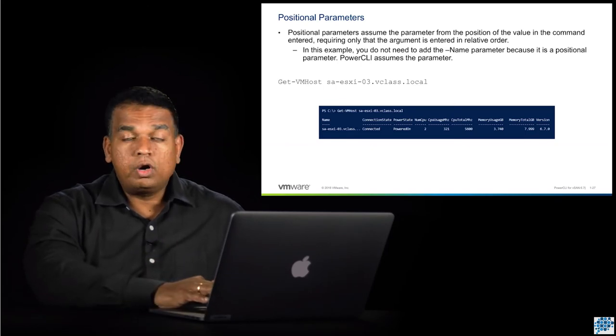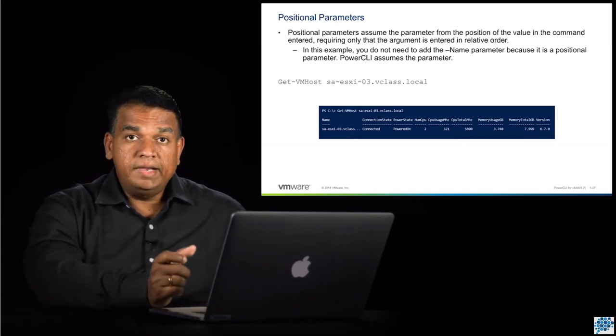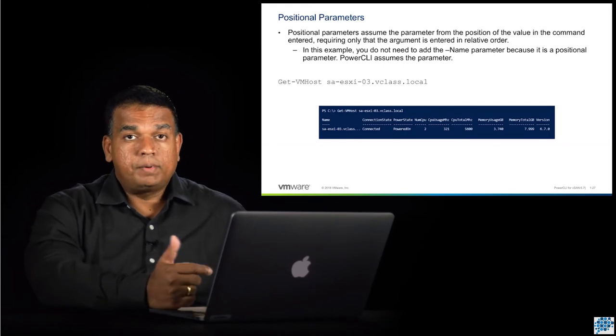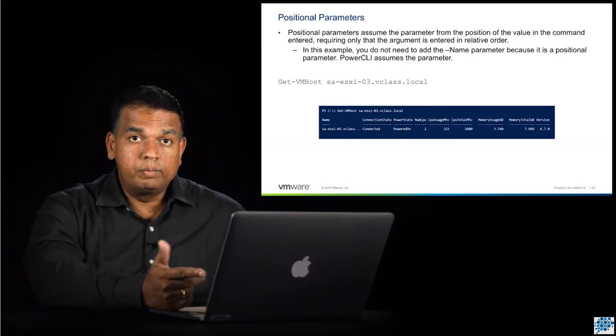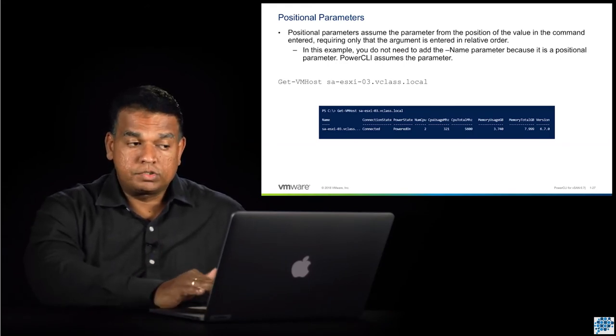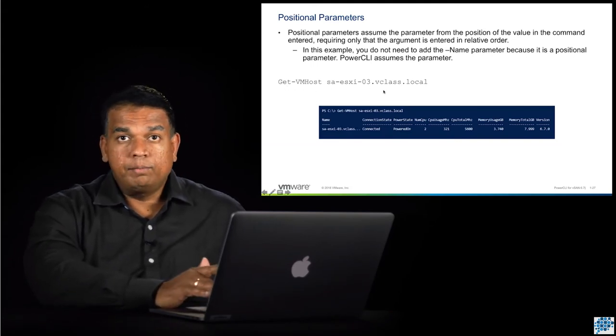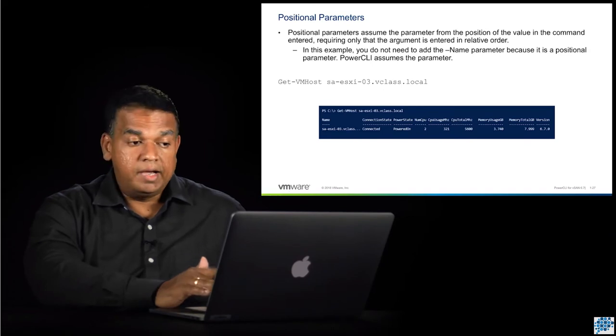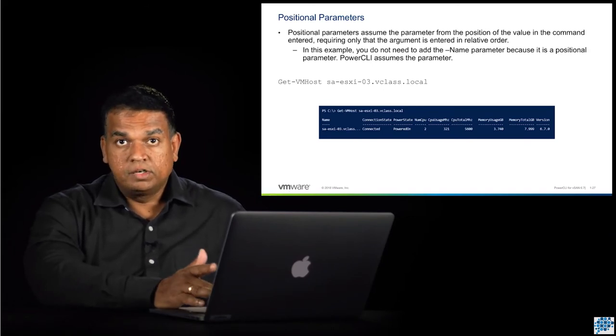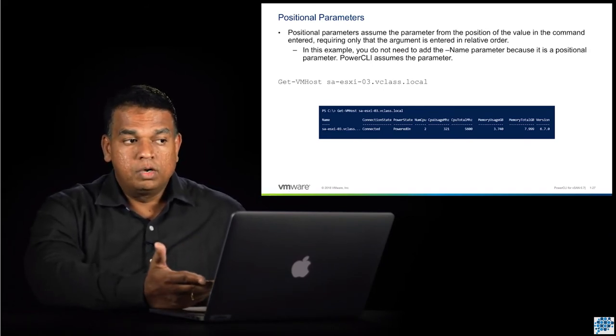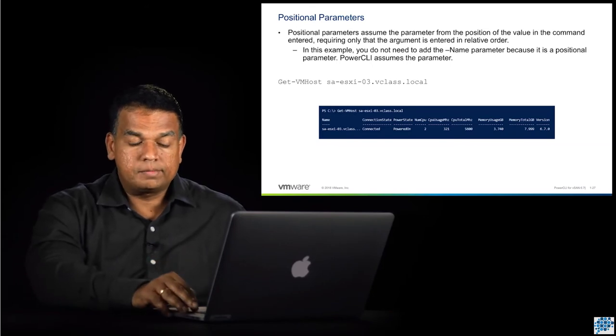So we do not need to specify the name parameter here, because PowerCLI will just assume that you are going to type in the name of a host. So here I'm just saying Get-VMHost with the name of a host. I am not using the name parameter, and it will give me the same result. So this is what we refer to as a positional parameter.